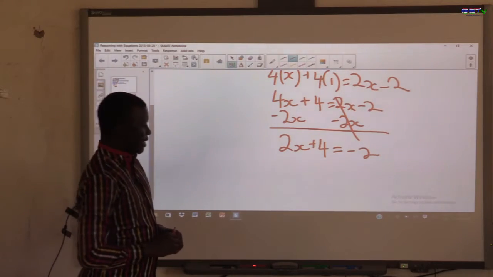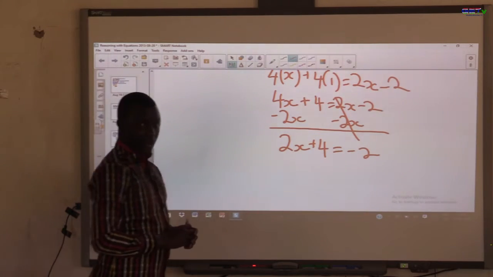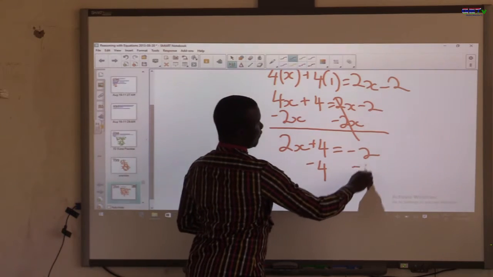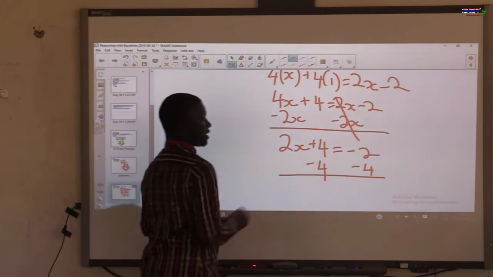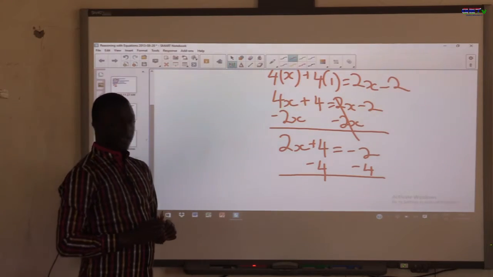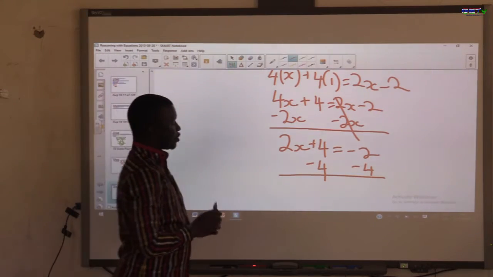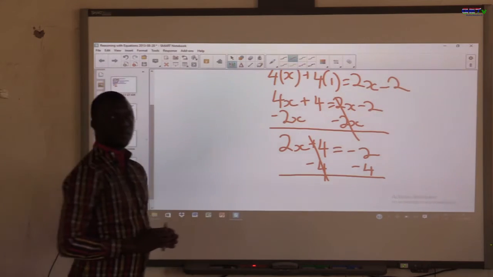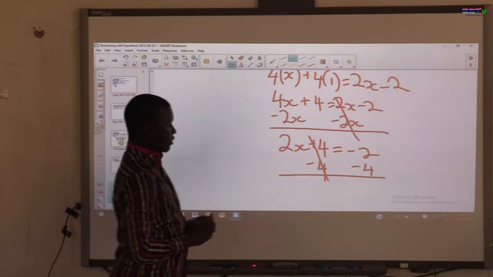Our next step, in trying to isolate our variable term, is to subtract 4 from both sides, because this 4 is a positive 4. The inverse of addition is subtraction. So this cancels out. 4 plus negative 4 is 0.